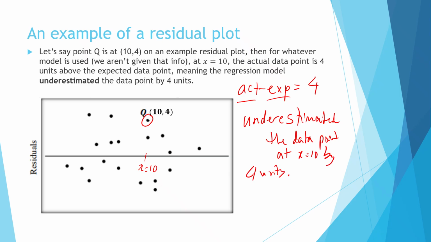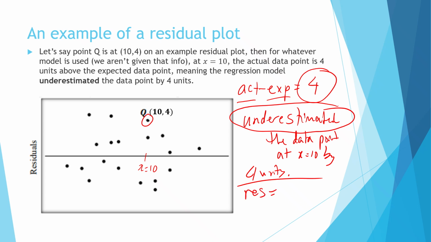But the main thing here is, notice there's a positive residual, which means that it's an underestimation. That will always be true. Whenever the residual is positive, it's an underestimation. Whenever the residual is negative, it will be an overestimation. So that's something to remember, especially for your next test.